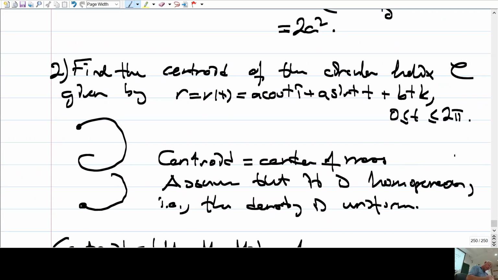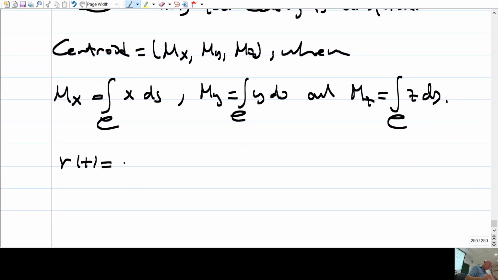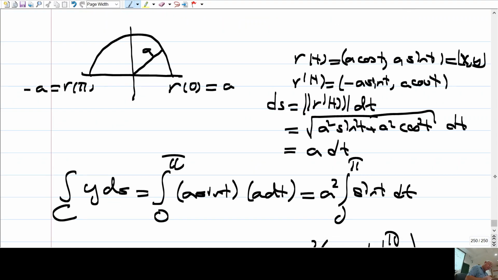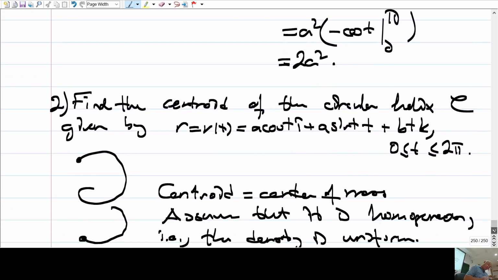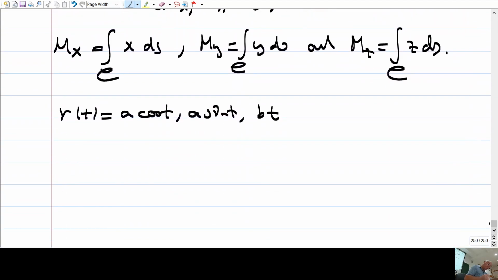These are A. So this is A cosine t, A sine t, B t, okay. T from 0 to 2 pi.